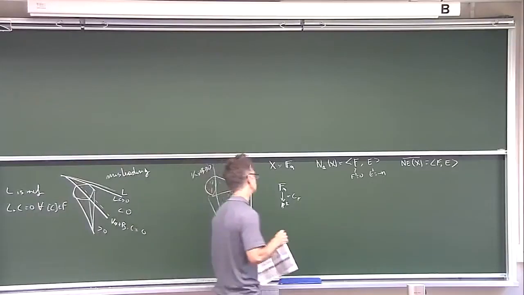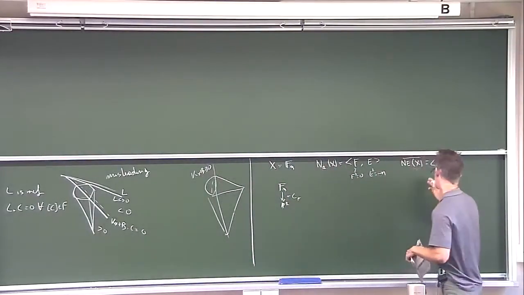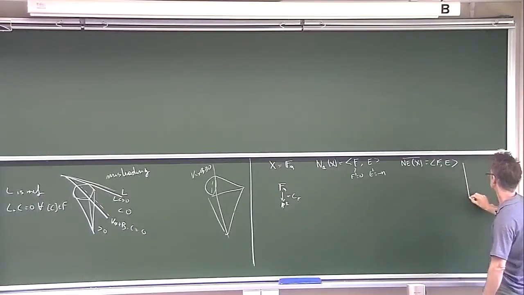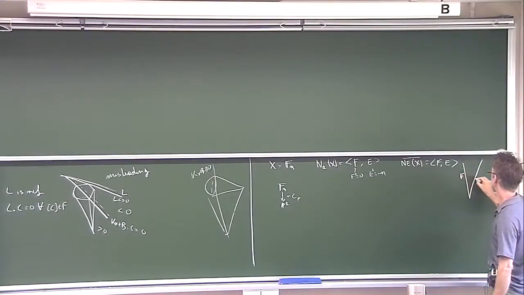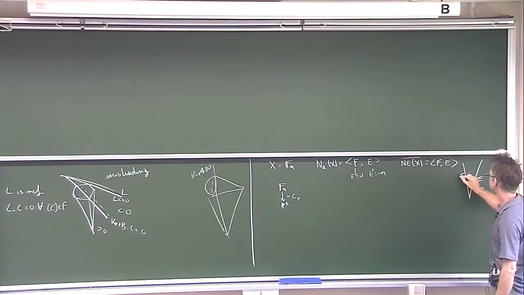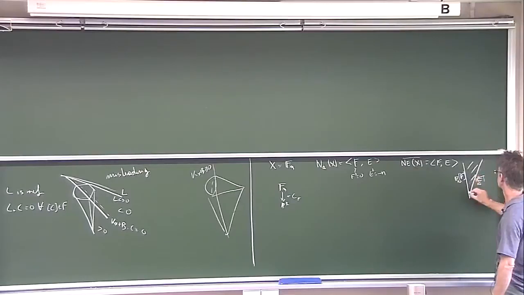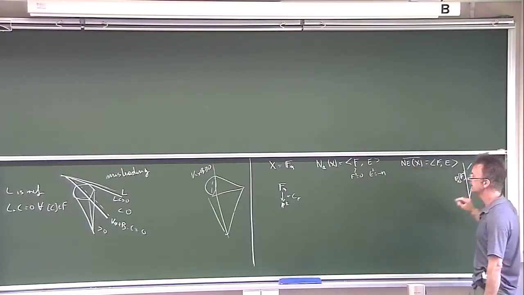And then if this is indeed the other face of your two-dimensional cone, okay, so this would be any multiple of the class of F, any multiple of the class of E. Okay, you want to write things down precisely, it takes a long time. So what does E do?